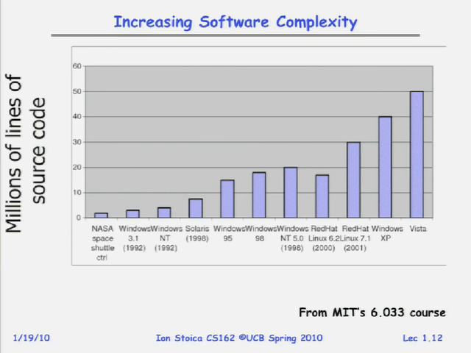Which is not true, at least for Vista it was not true, right? So, okay. And you see, somewhere in between, you could see Solaris, which was under 10 million lines of code, and Windows 98 and even Windows NT were significantly smaller. Right? Here is Linux. It's respectable. 30 million lines of code. Okay.